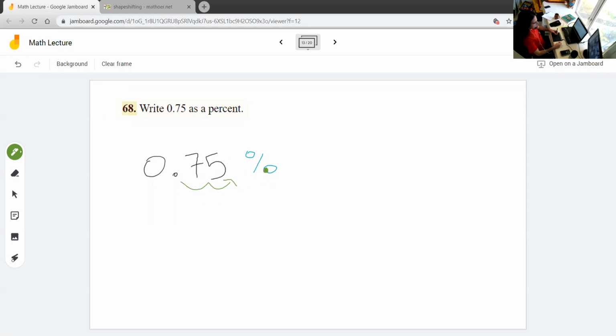I want to counteract what I'm doing by putting the percent on the end. It's like times 5 divided by 5, except it's actually times 100 and divided by 100. So my answer then is going to be 75%. I have the percent symbol that I stuck on, and I have the 2 decimal point scoots that I did to make it fair. So I didn't change my number.